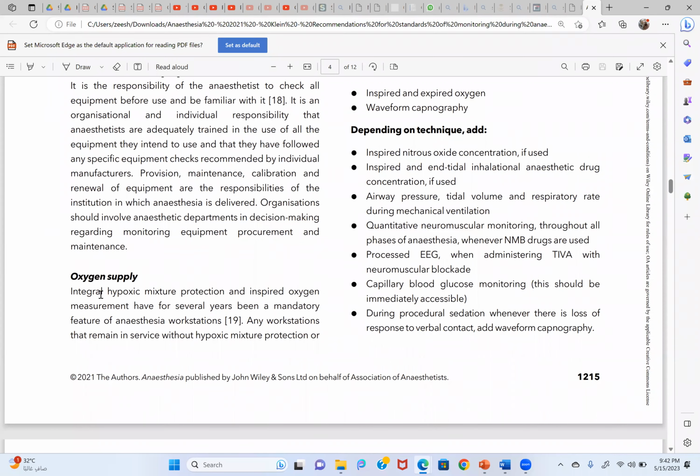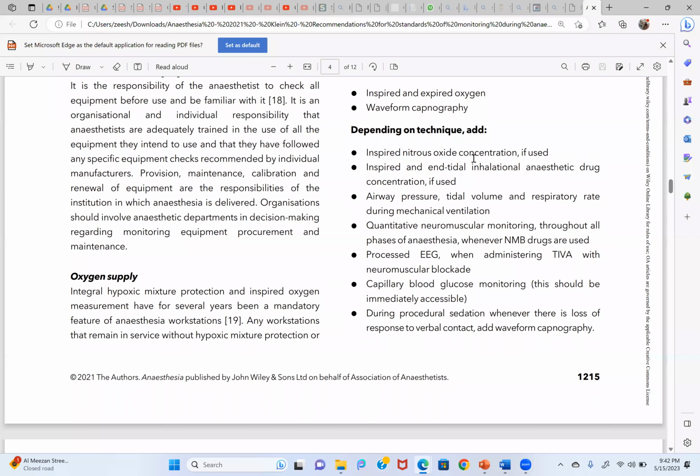Of course, checking the circuit integrity will tell you. And there are so many other things which you should be doing, but this is the basic check you should know. And of course, oxygen supply with reference to, as I told you, emergency cylinder, ambu bag, central supply, agent analyzer. These are the things which you can monitor.